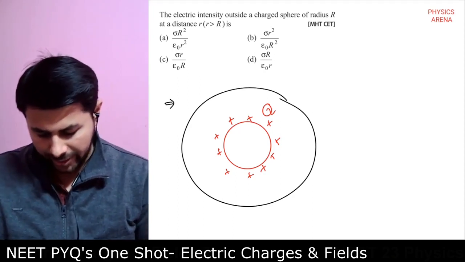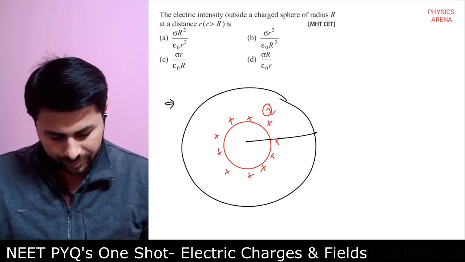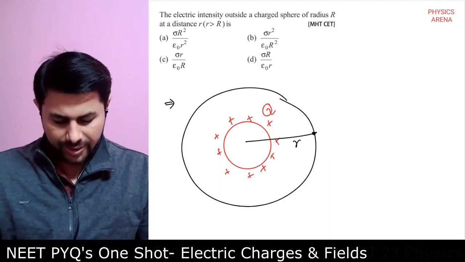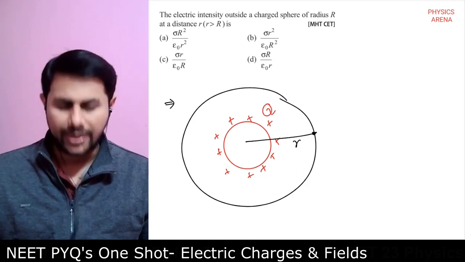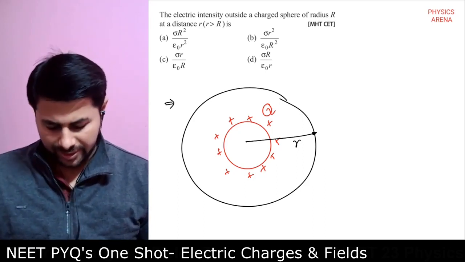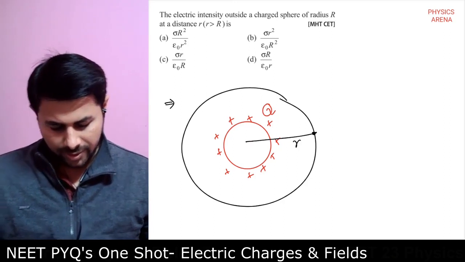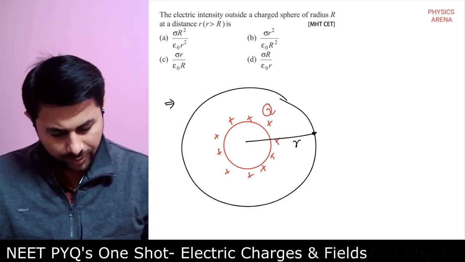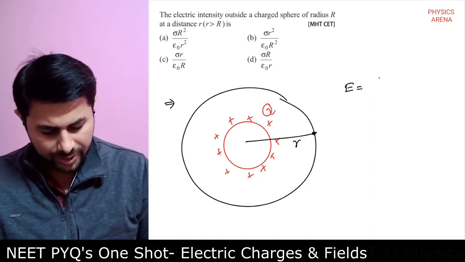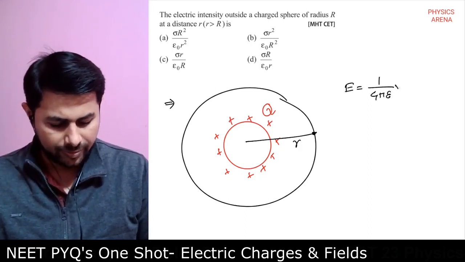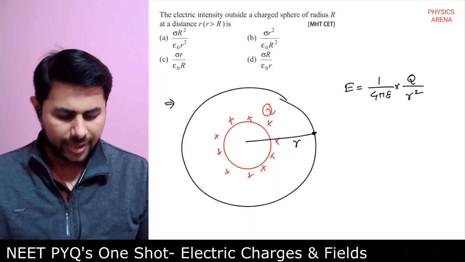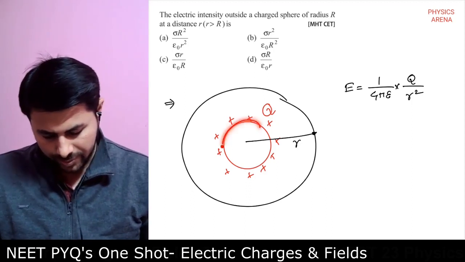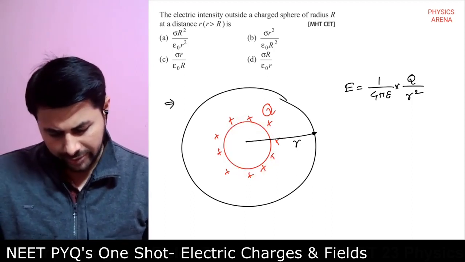For any point outside this charged sphere, it behaves like a point charge kept at the center. So we can say electric field is just equal to 1 upon 4 pi epsilon naught multiplied by Q divided by r square.